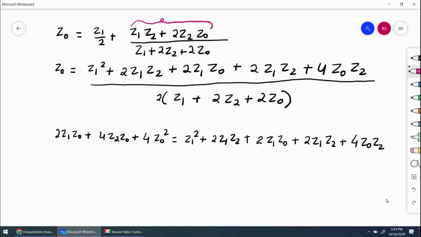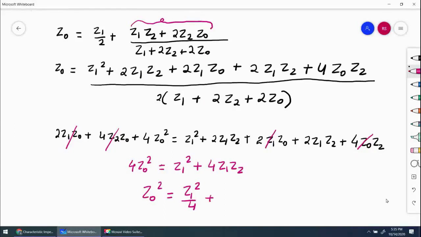Now we can cut this. This is 2Z1Z0, this is 2Z1Z0, and this and this 4Z0Z2 we can cut, and what remains is 4Z0 square is equal to Z1 square plus 4Z1Z2, from which I can write Z0 square is equal to Z1 square by 4 plus Z1 into Z2.